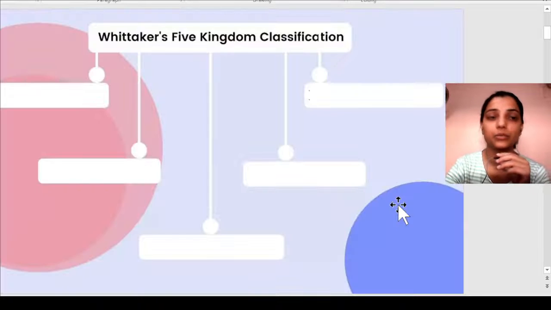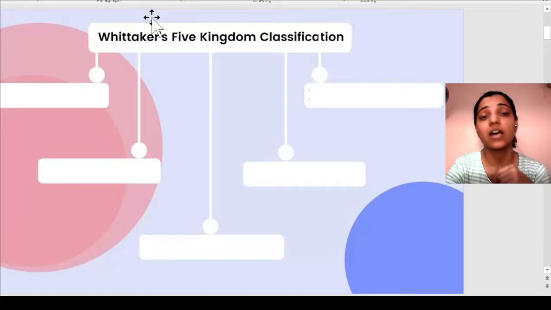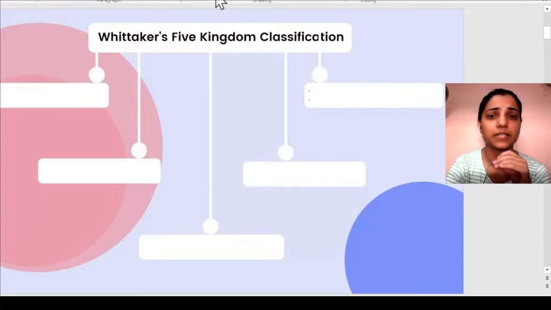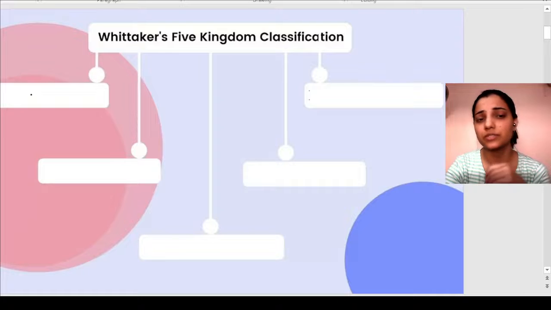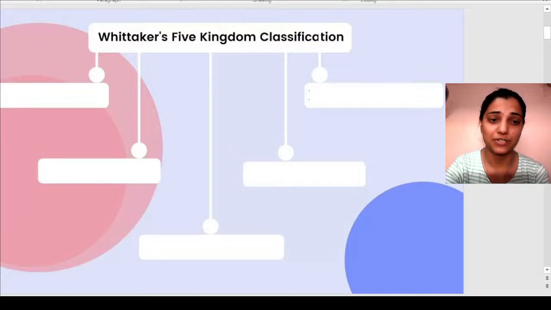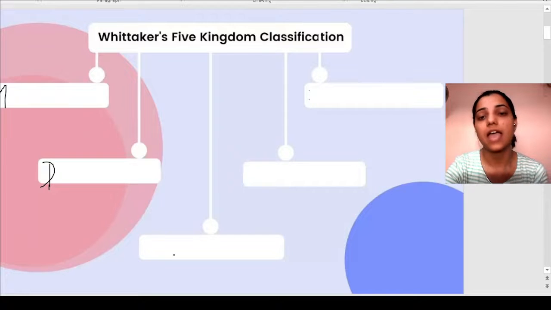Before going into the topic, let us revise Whittaker's 5 kingdom classification. You all must remember that, isn't it? If not, let's do that. What was the first? That was Kingdom Monera. The second, which we are going to do today, is Kingdom Protista.